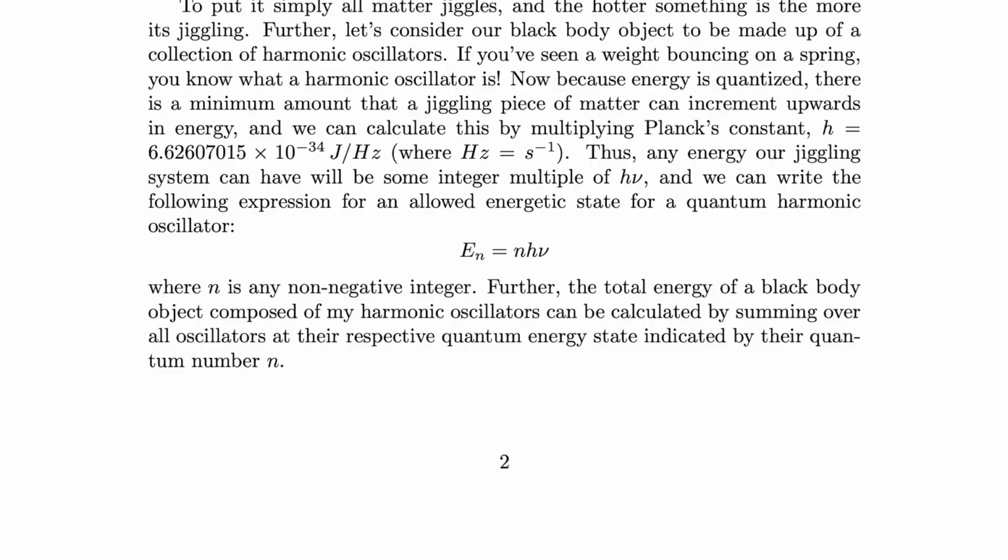So what's the n? It's our quantum number, and it can only occupy integer values, right? I can't set n to 0.75, right? It could be 1, 2, 3, 4. These are the allowed values for n, our quantum number. So if we have some system that has a characteristic frequency nu, Planck's constant never changes, it's a constant, then the energy levels it's allowed to occupy are going to be some multiple of that.